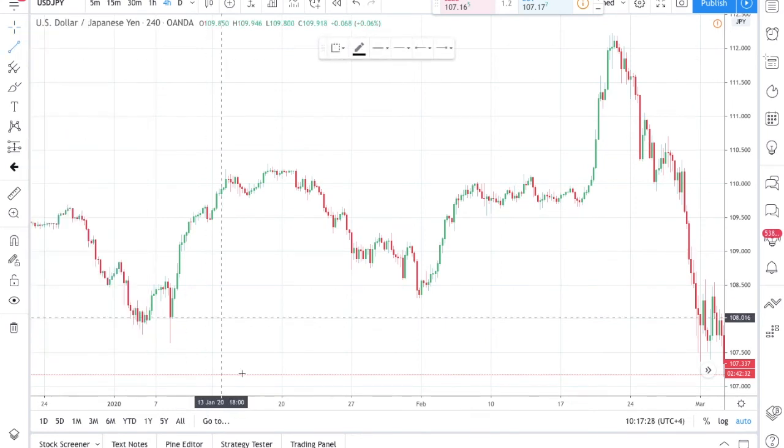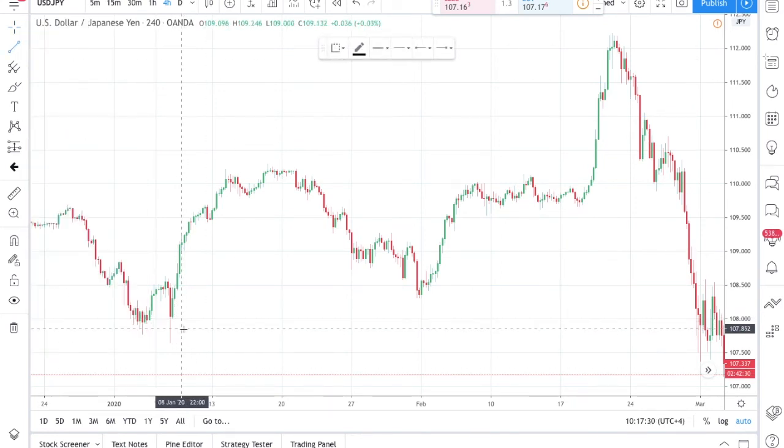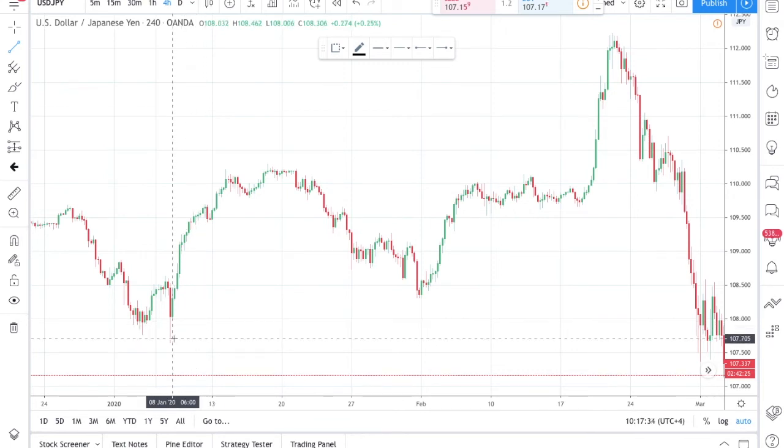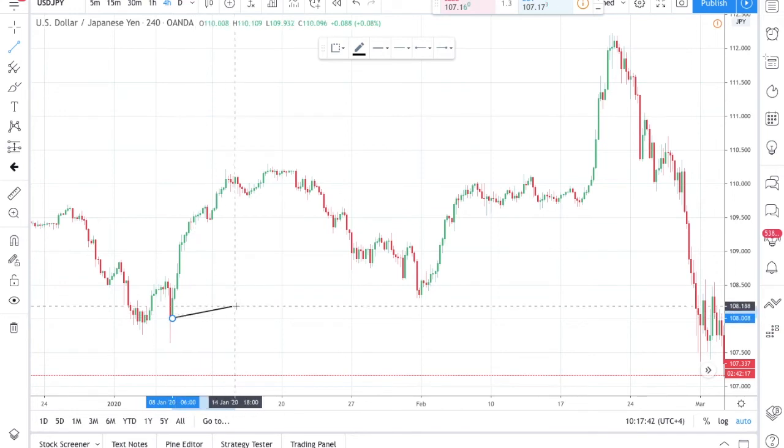Sorry. Okay. See guys, when I'm drawing my support trend line, I'm not drawing from here. I ignore the tail. I just go for where the candle closes.